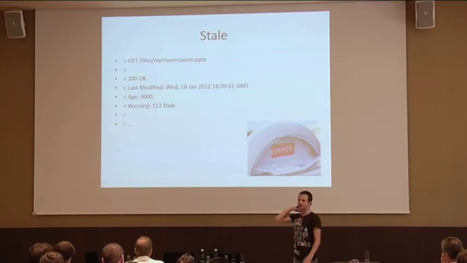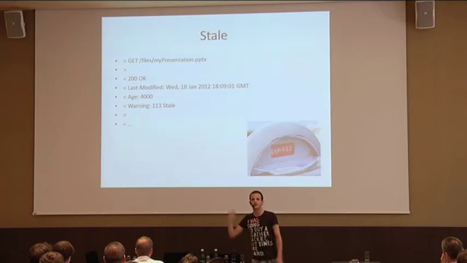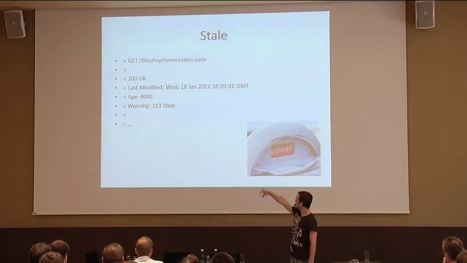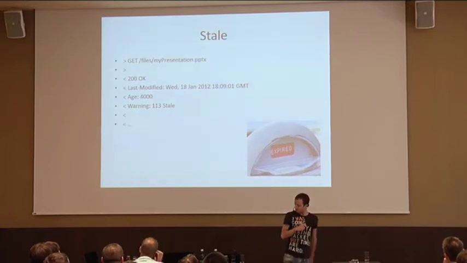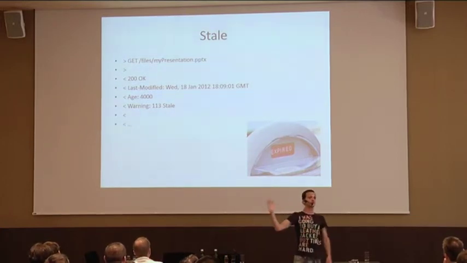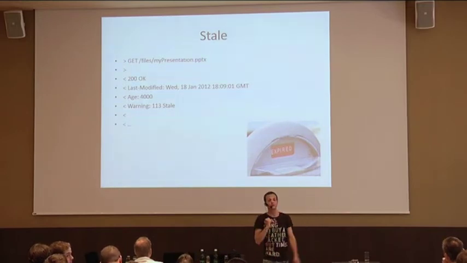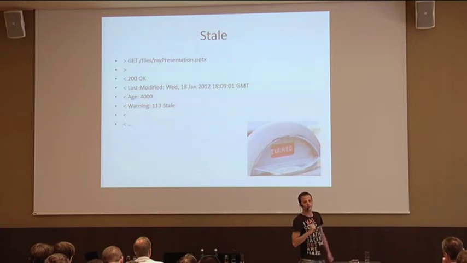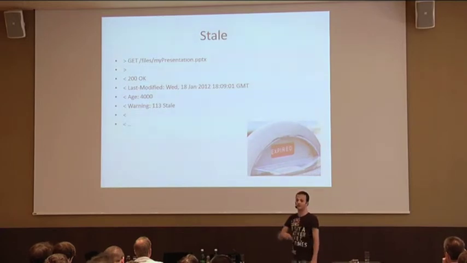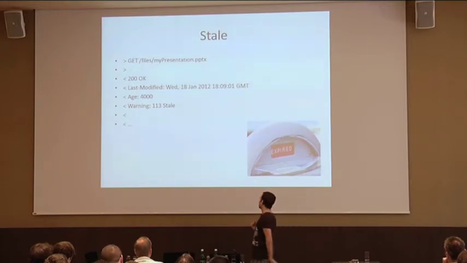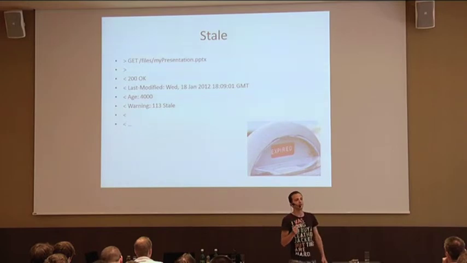It can be stale for many reasons, right? But your proxy can serve you and will serve you stale data. And you can see a whole bunch of HTTP headers down here. Here, an intermediary somewhere along the way has served me my document that expired after 60 seconds with an age of 4,000 seconds, which I'm sure some math geek in the room has already calculated in minutes and hours and other time measurements as well.